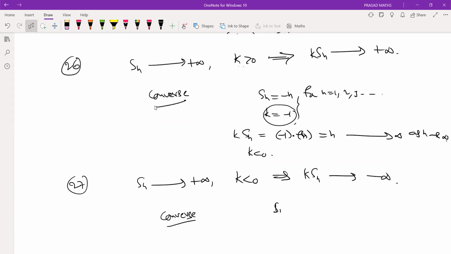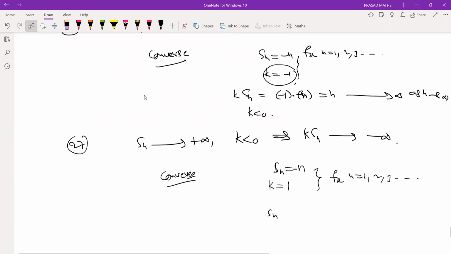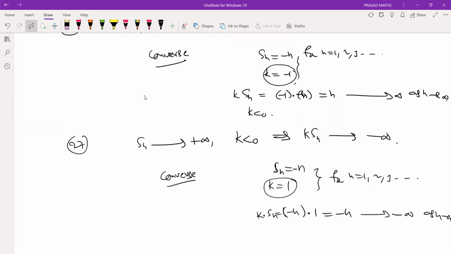Suppose you take Sn equals minus n and k equals 1. Then k into Sn is exactly minus n into 1, that is exactly minus n. This tends to minus infinity as n tends to infinity, but k here is positive. So the converse may not be true.